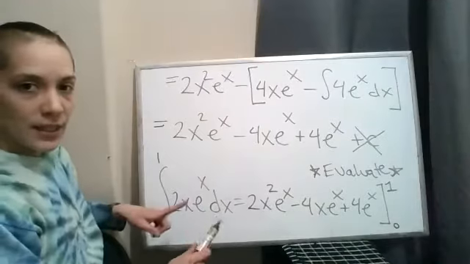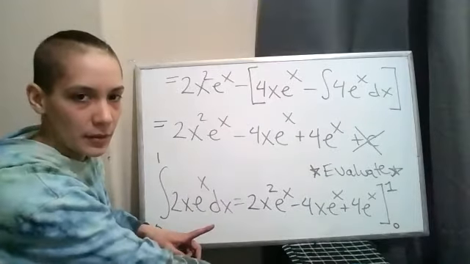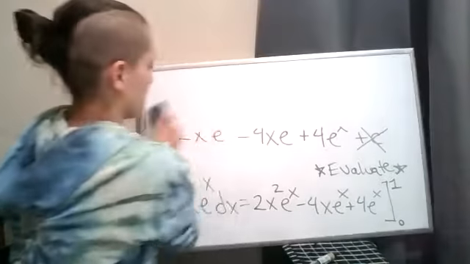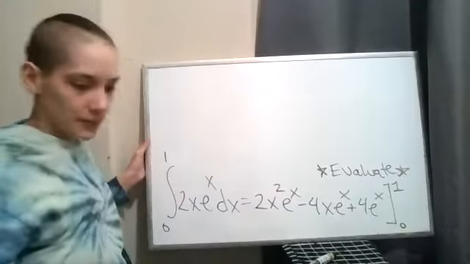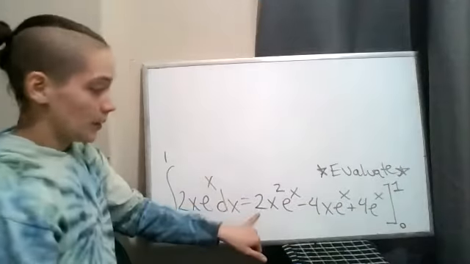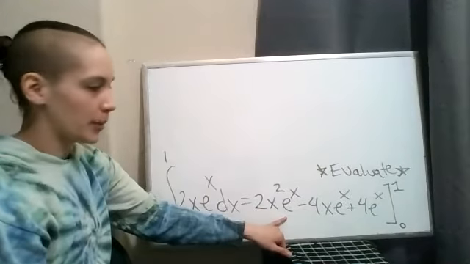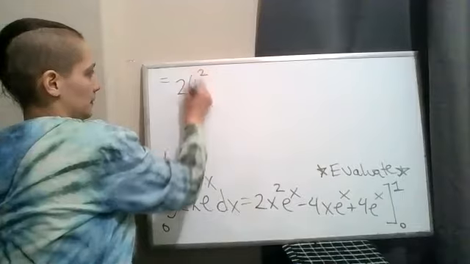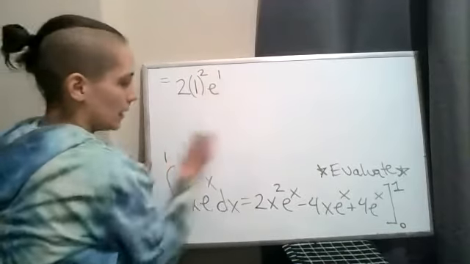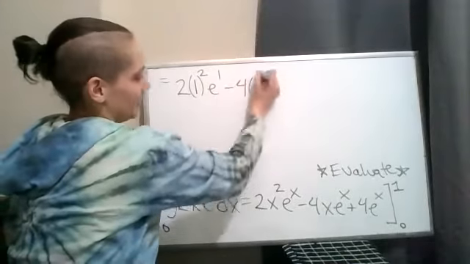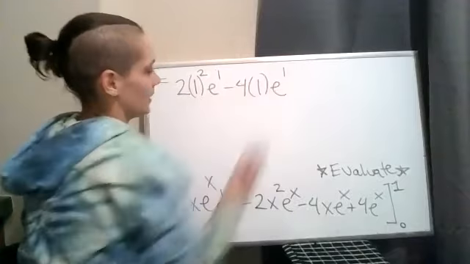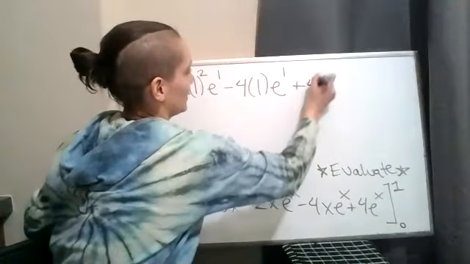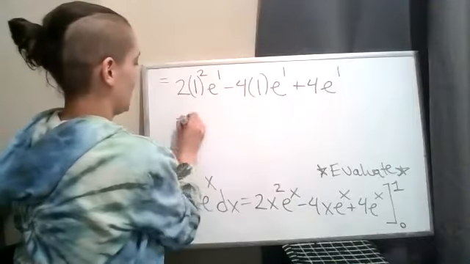So first put in 1, and then subtract putting in 0. So 2 times 1 squared e to the power of 1, minus 4 times 1 times e to the first, add 4 times e to the first, minus.